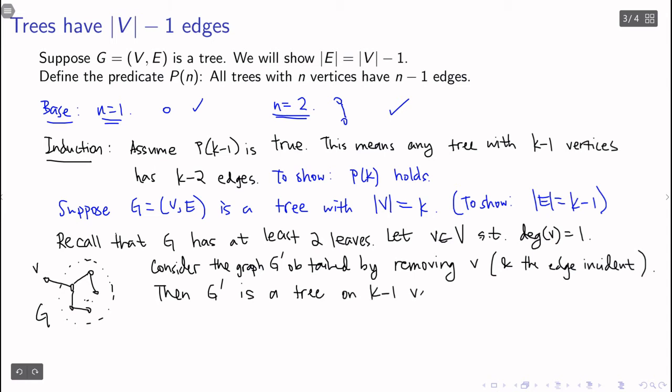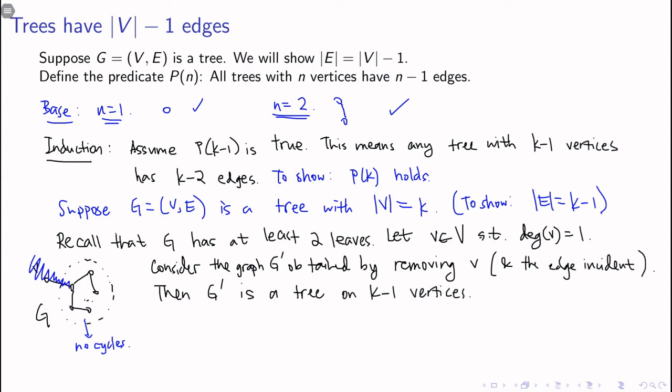on k minus 1 vertices, right? We started with a tree, you remove V and one edge, and what you're left with is now something that still has no cycles, right? If it did have a cycle, then the original graph couldn't have been a tree, and that's still connected.